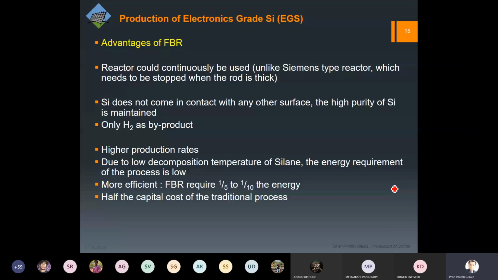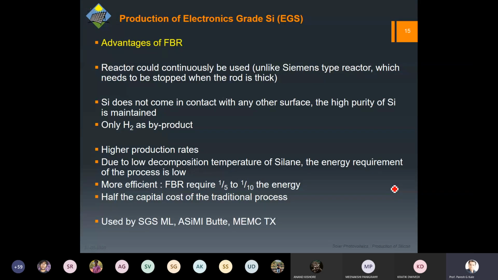Higher production rates, and the low decomposition temperature of silane compared to the previous one means the energy requirement is much lower, about 1/10 of the energy compared to the Siemens reactor. It also doesn't require state-of-the-art technologies, so the capital cost is lower compared to the traditional Siemens reactor.